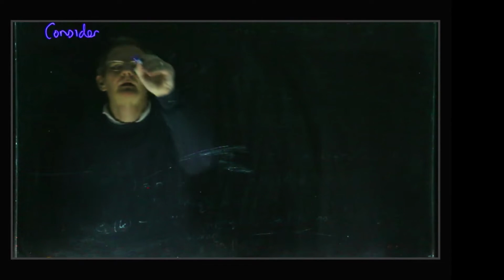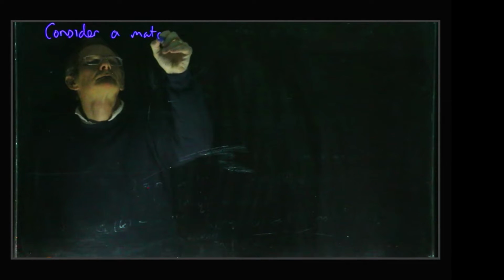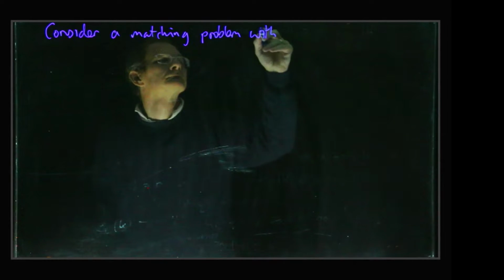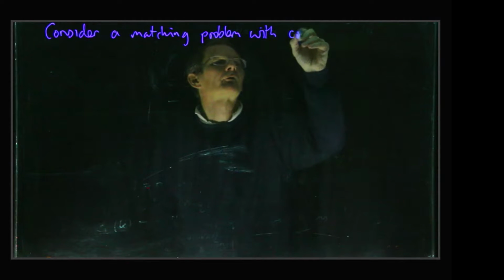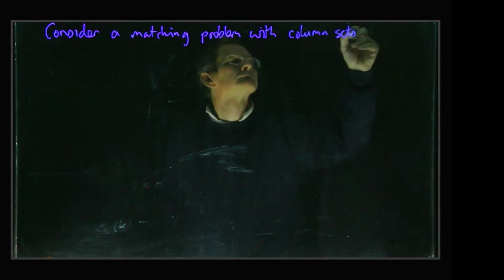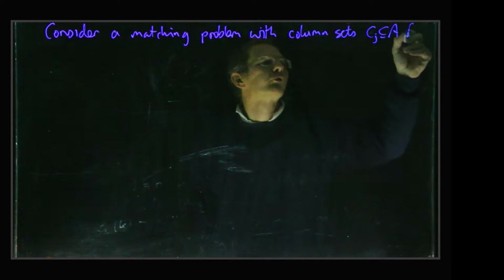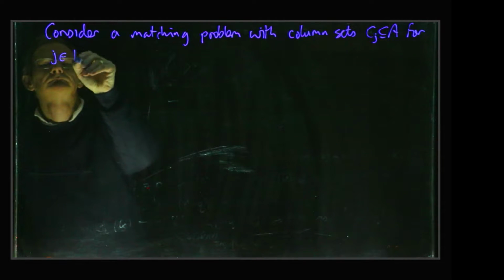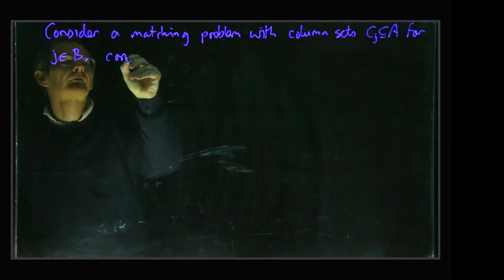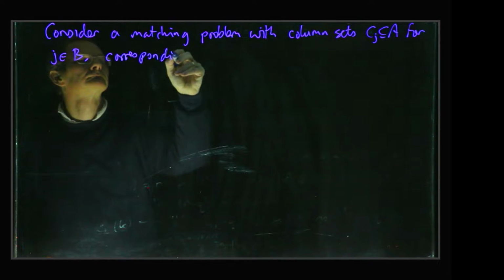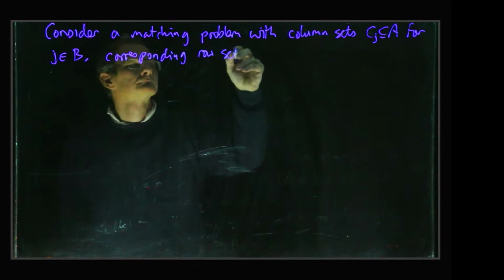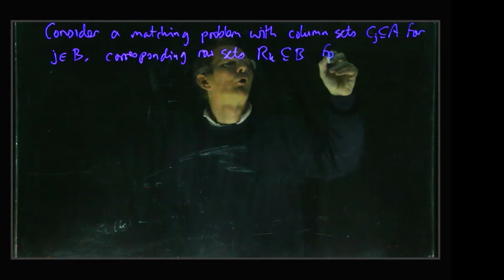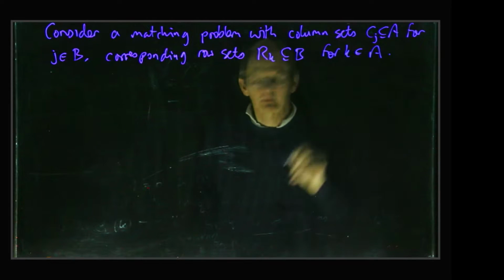So we're going to consider column sets C_j, subsets of A for j in B, and corresponding row sets R_k contained in B for k in A.